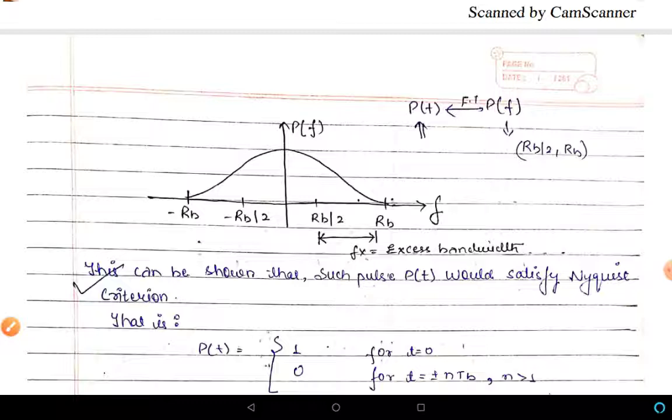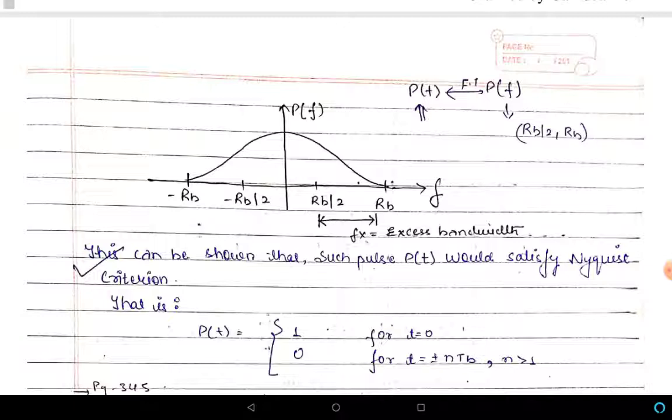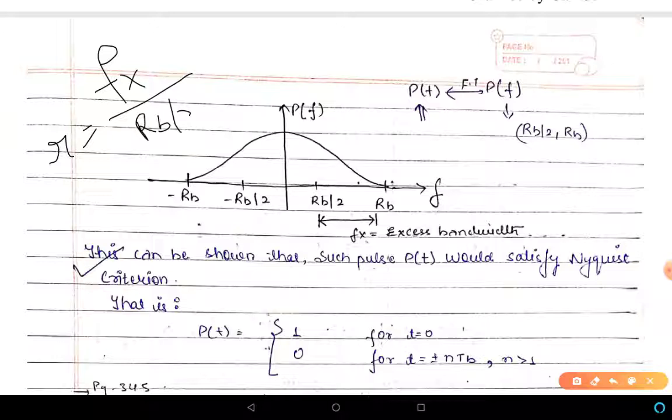Now we will define something called the roll-off factor, which is r. The roll-off factor r is defined as the excess bandwidth over RB by 2 divided by the minimum required bandwidth, that is RB by 2.